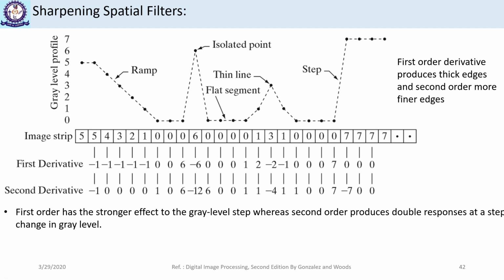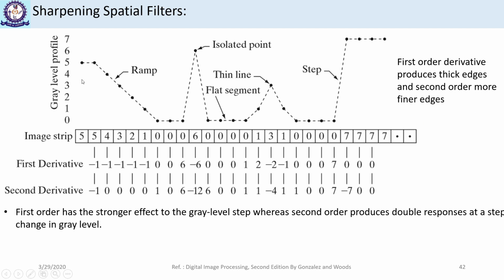So from here we can say, from the ramp signal first derivative and second derivative, we can deduce that the first order derivative produces thick edges. You see, the first order considers this whole as one edge. So this is your thick edge, and second order gives more finer edges.